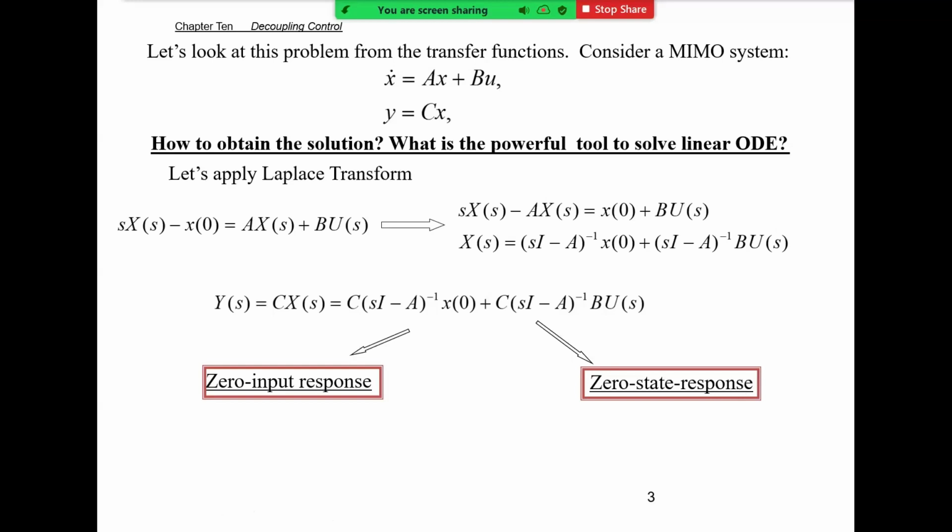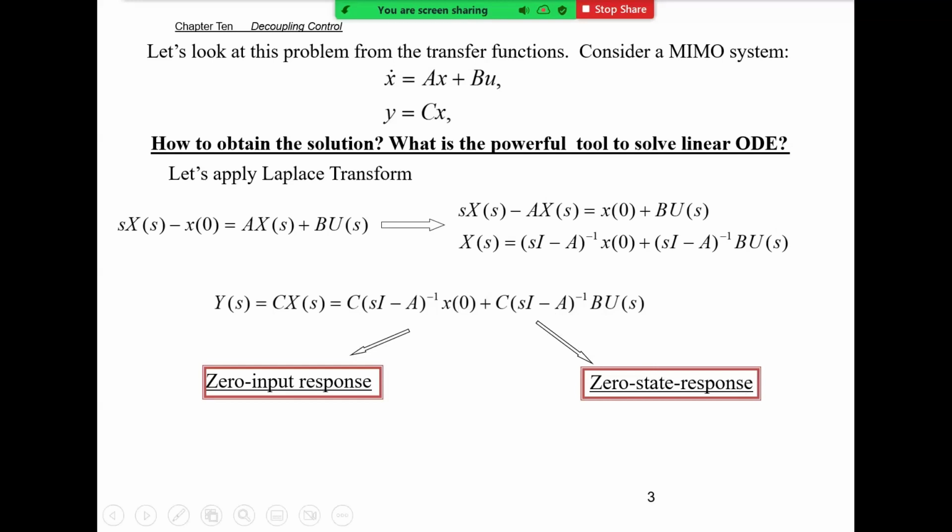That is because by definition of the step response, we are looking at the output when the input is a step, and we don't consider the effect of the initial condition. So when you look at the step response, remember to set the initial condition to zero.